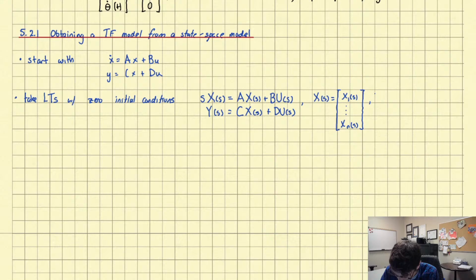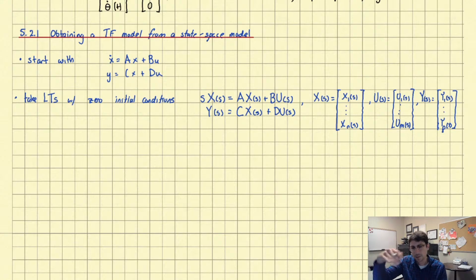And same with u and y, in general, y1 of s to yp of s. Hopefully you can see that's a p at the bottom. So there's n states, m inputs, p outputs, the same notation we've used throughout this chapter. So that's the only thing here. It's a vector of Laplace transforms.